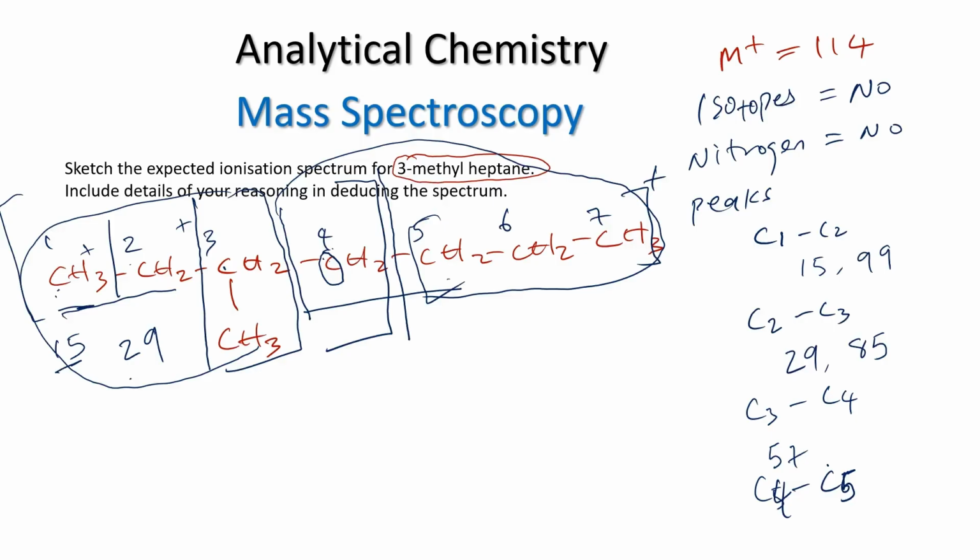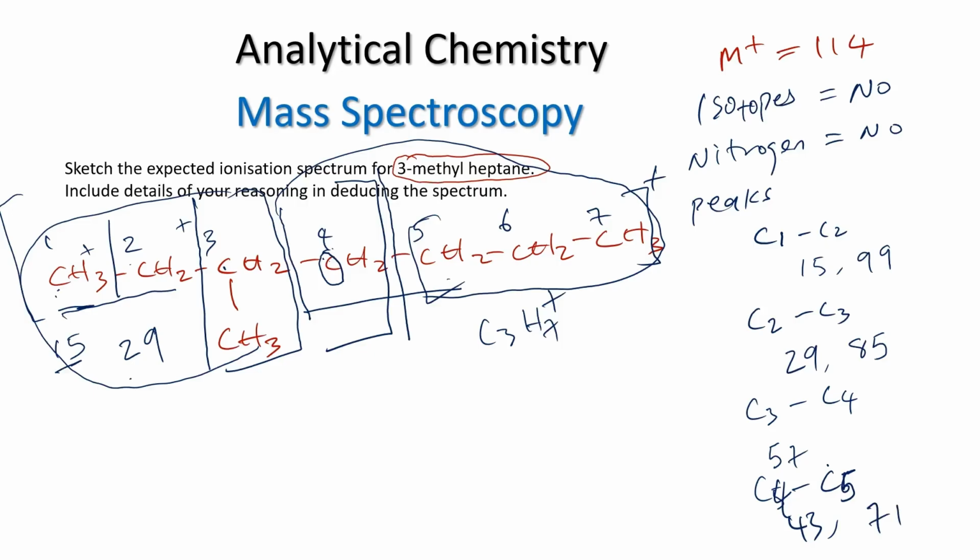If you break the bond between carbon 4 and 5, you're expecting a peak as a result of propyl, and that is the C3H7 carbocation, with a value of 43. We're also going to have a peak at 71.